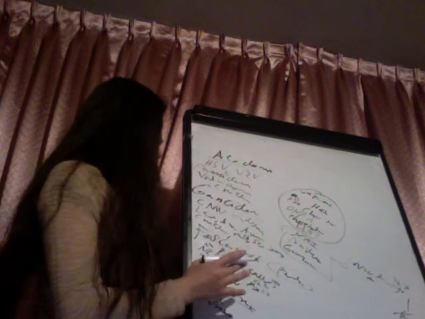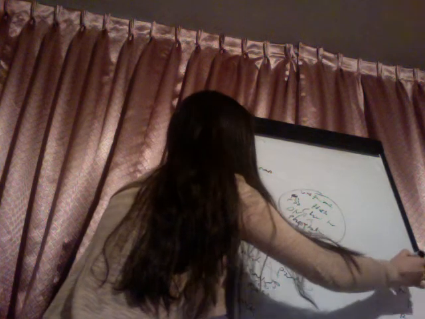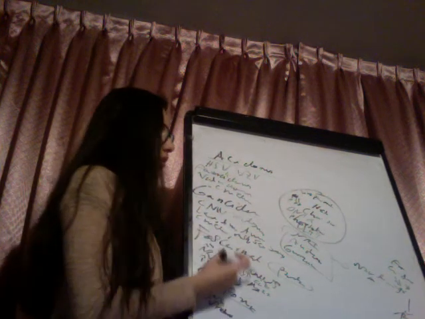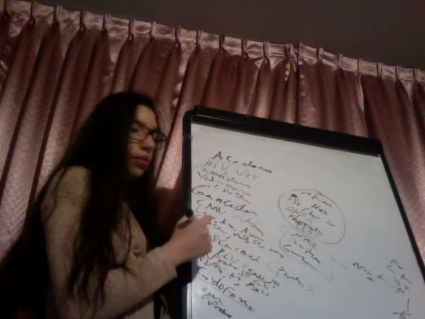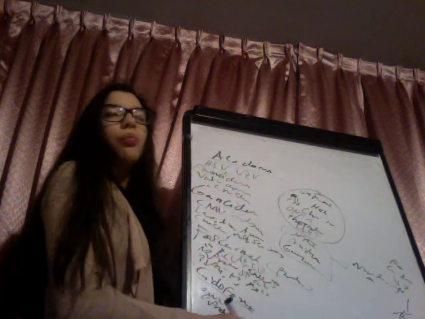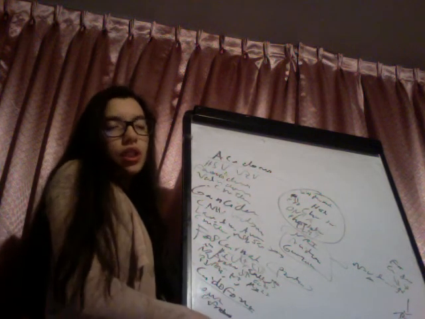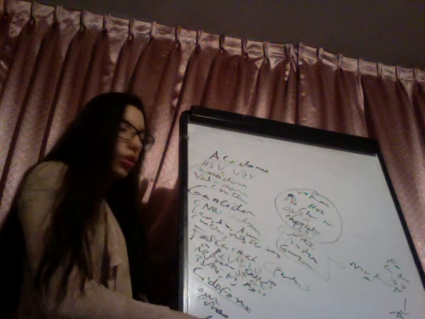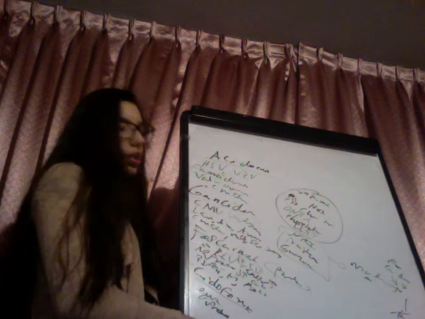Foscarnet and cidofovir, they come here. They do not need this step, that is the phosphorylation by the viral kinase. Foscarnet is also used in HIV patients. It helps to inhibit the synthesis of DNA from RNA, so it inhibits this RNA-dependent DNA polymerase.